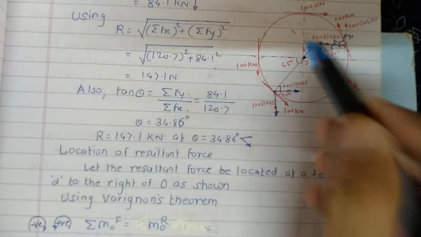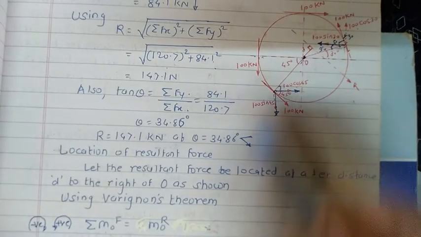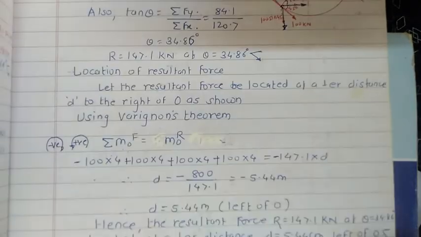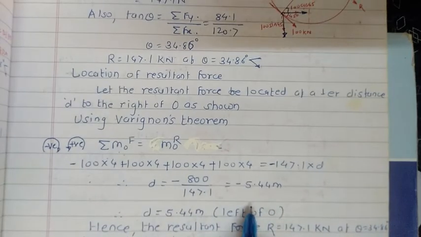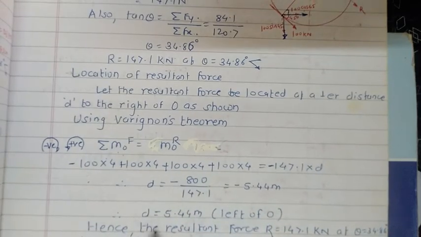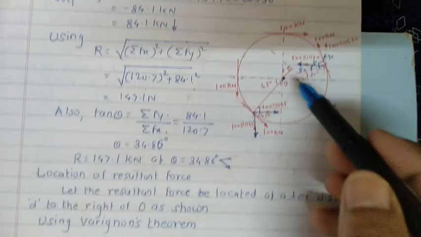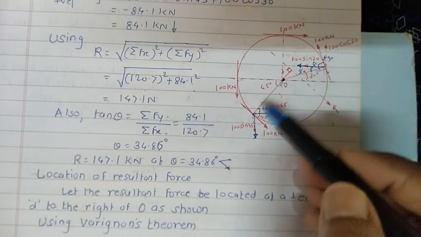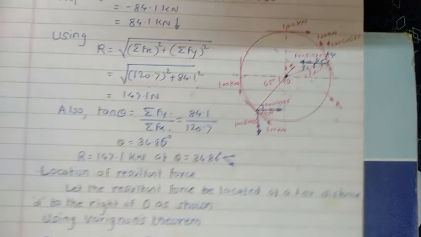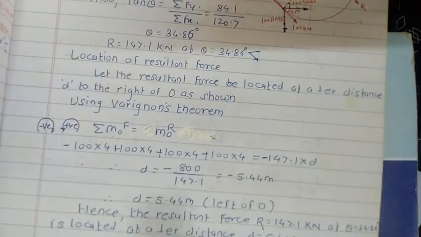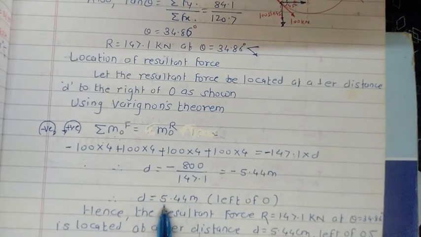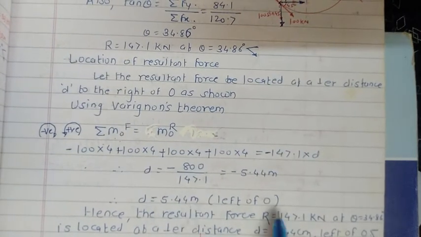As per calculation, as the value for d is negative, the location of R must be towards the left side of point O. Here you can clearly write d equals 5.44 meter left of point O.